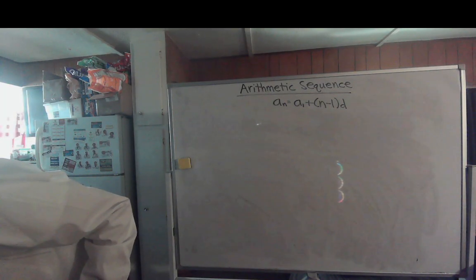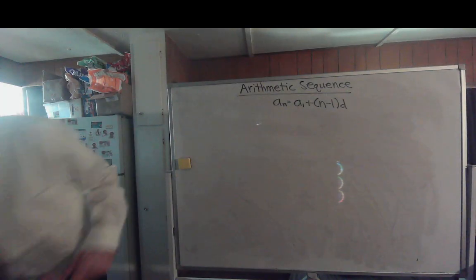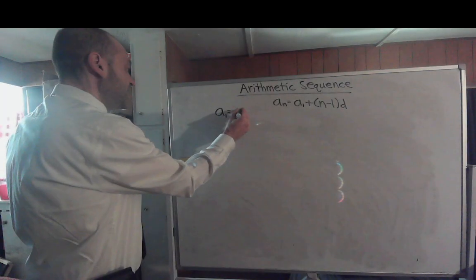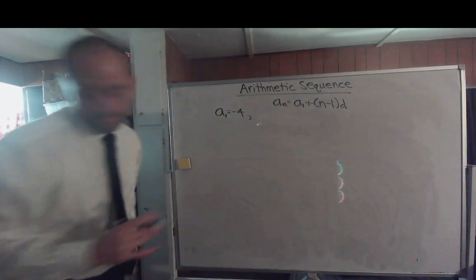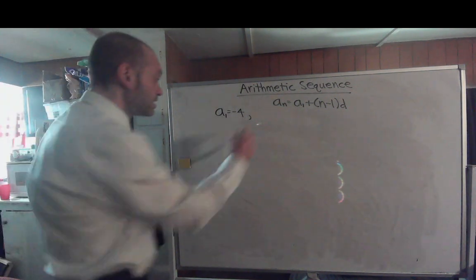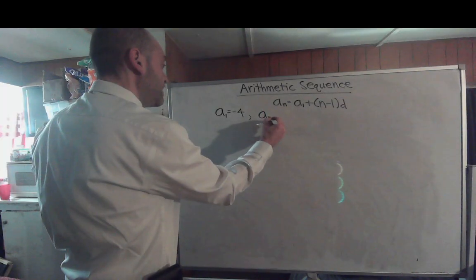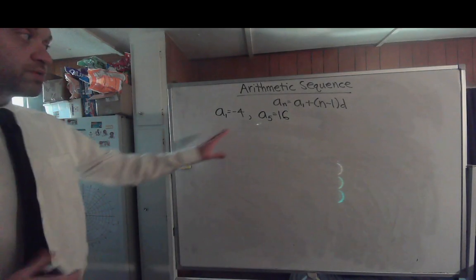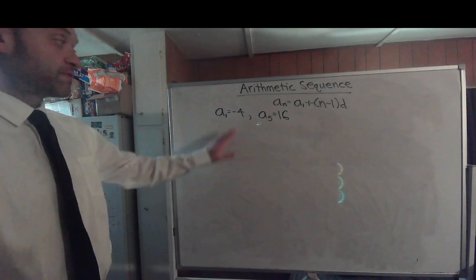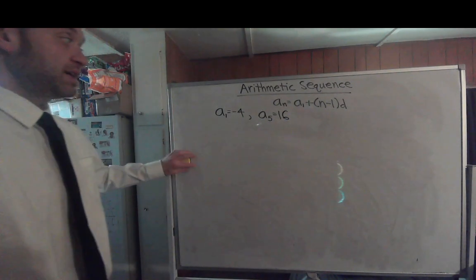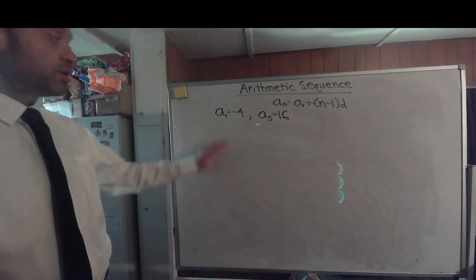Alright, let's say we have a sub 1 equals negative 4, a sub 5 equals 16. So again, we don't know the common difference. We just know that the first term is negative 4, and then we know the fifth term is 16. Well, we know part of this already.